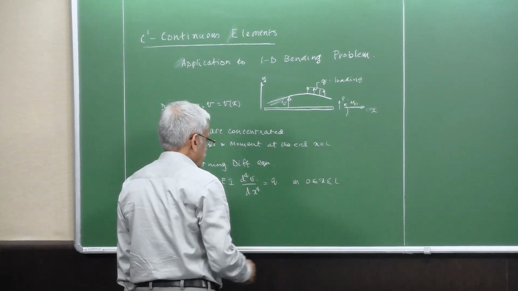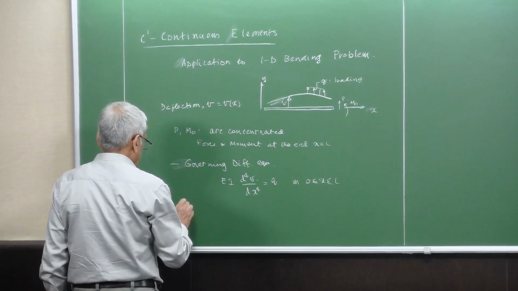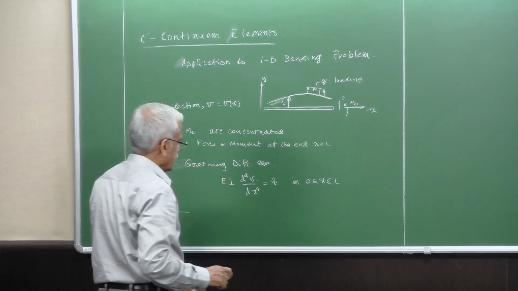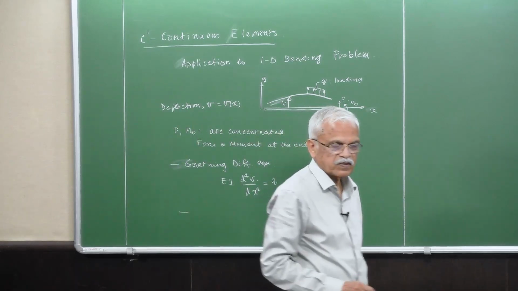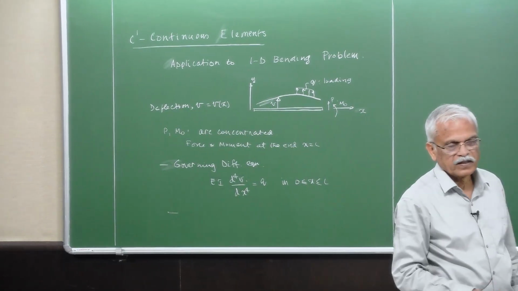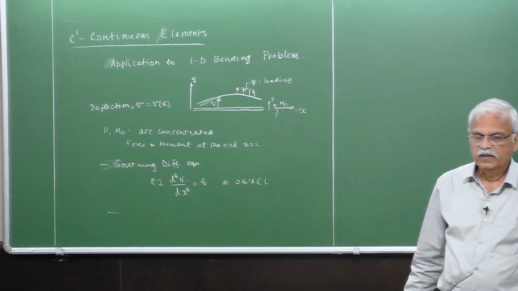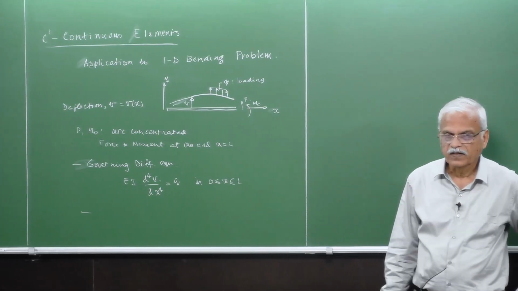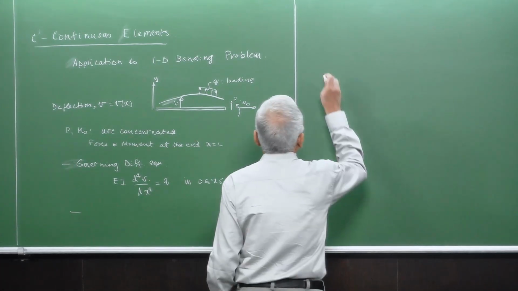So those are the boundary conditions. Either you can formulate it using this and go through the weighted residual approach, and then you do the integration. On the other hand, there's the variational approach.